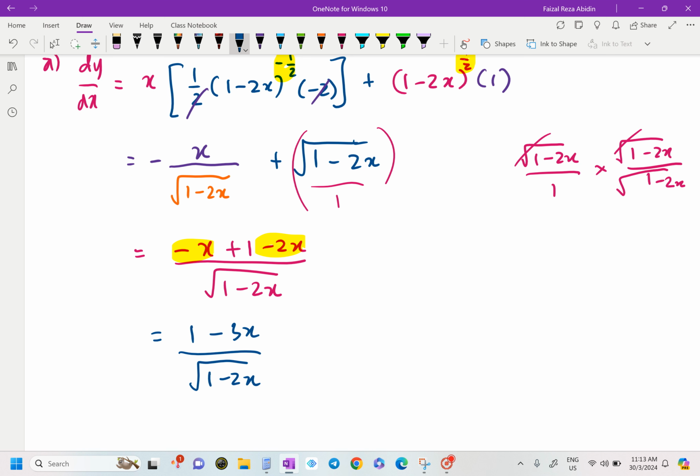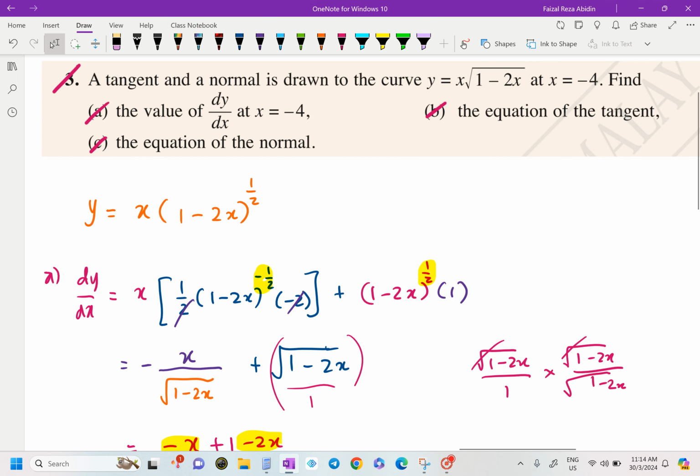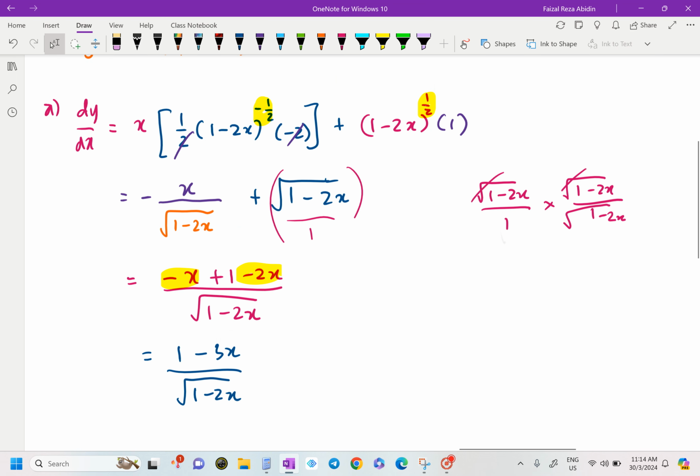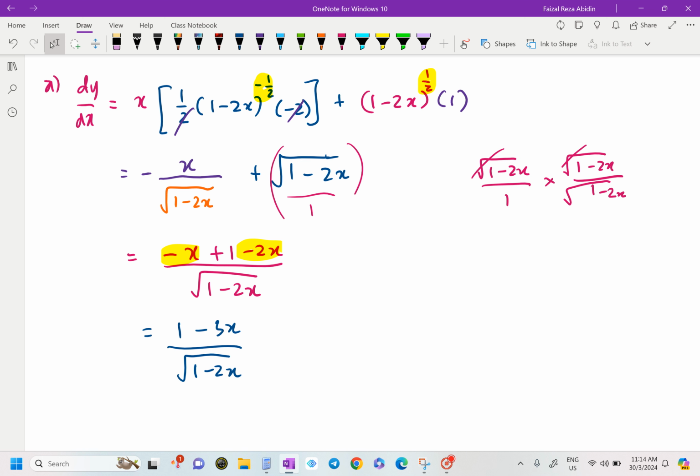Just now the question was at x equals negative 4. So over here, when x equals negative 4, what you are going to do is substitute x over here with negative 4.